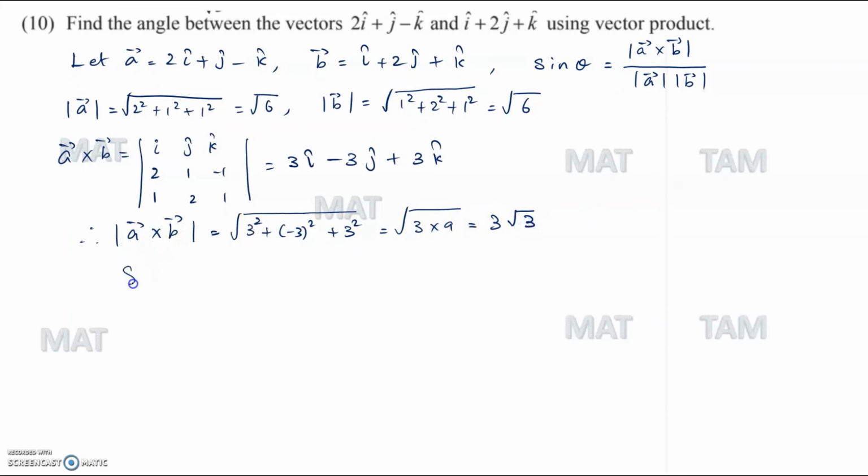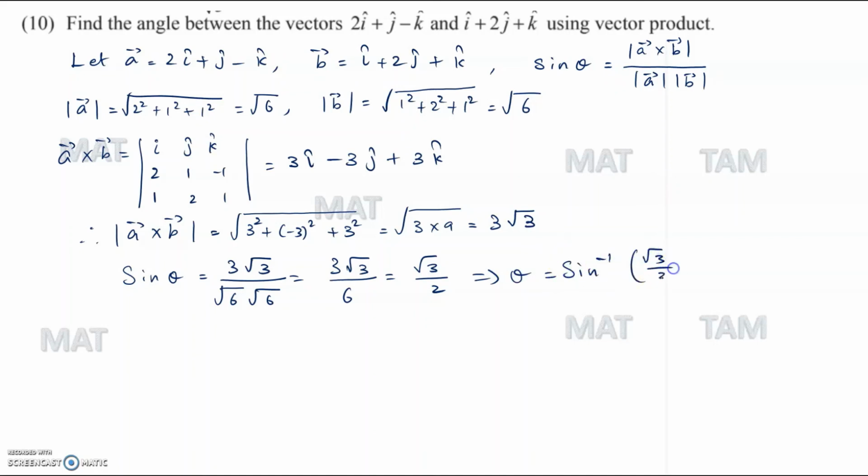Therefore, our sine theta is equal to 3 root 3 divided by root 6 into root 6, which is equal to 3 root 3 by 6, which is equal to root 3 by 2. Therefore, our theta is equal to sine inverse of root 3 by 2, which is equal to pi by 3. Hence the result.